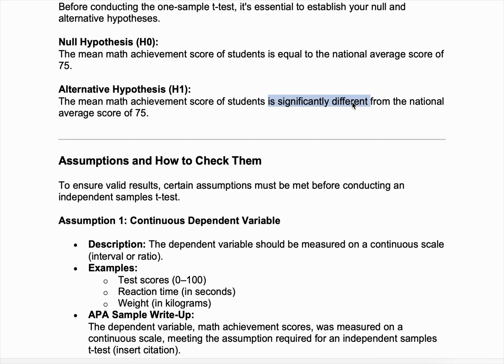We are trying to figure out, is 73 significantly different than 75? And that significantly is what that inferential statistics test is doing. It's putting it in the context of the score, looking at the distribution of everyone's scores, and telling us whether it is significantly different or just maybe different, which doesn't have any implications for us.